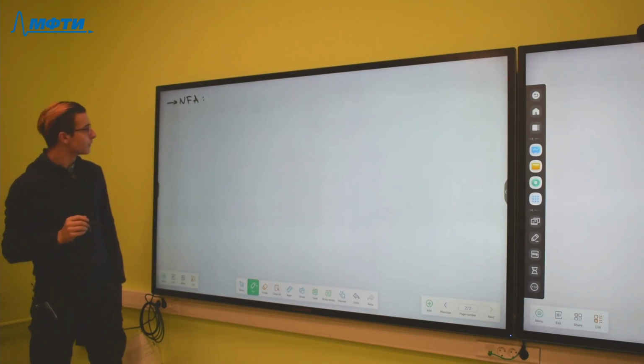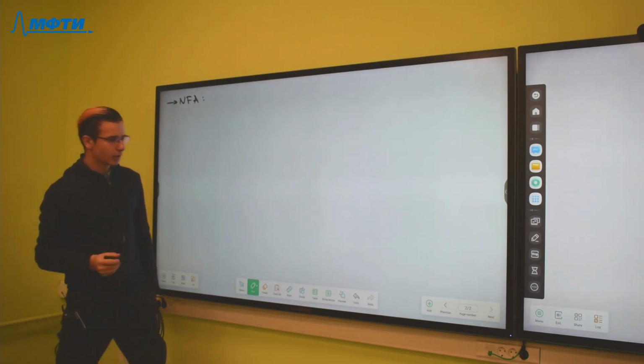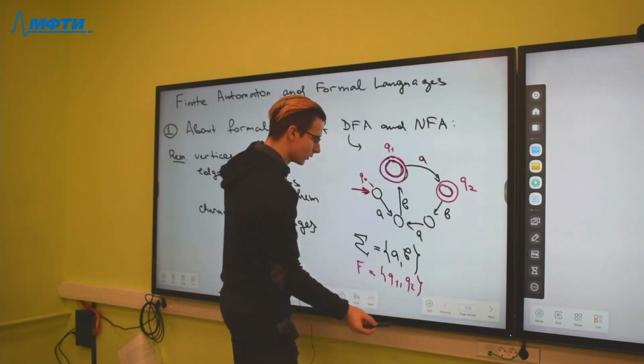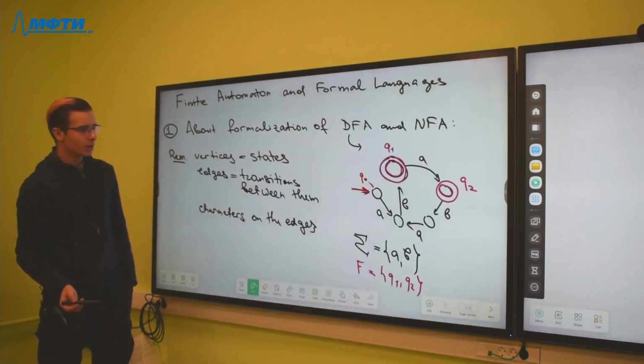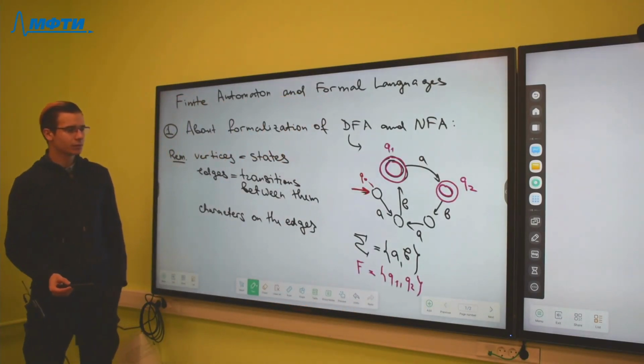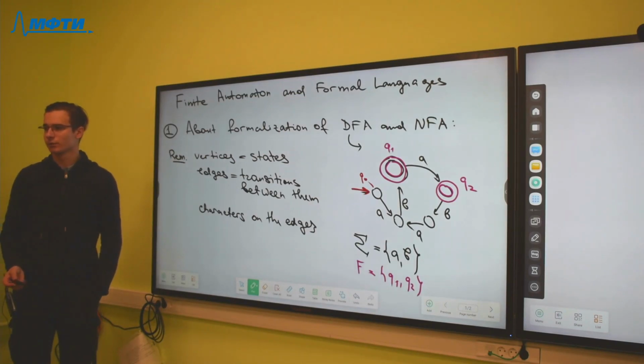If we use an NFA to code some languages, do you know what the language of the automaton is?